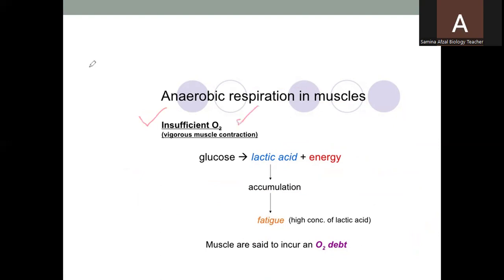At that time, glucose is changed into lactic acid, with a small amount of energy. Then this lactic acid is deposited or accumulated in our muscles and fatigue takes place. Fatigue, pain, cramping, all this takes place when lactic acid accumulates.